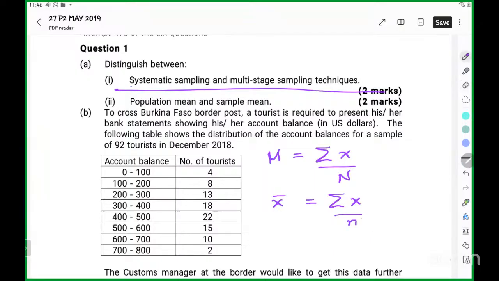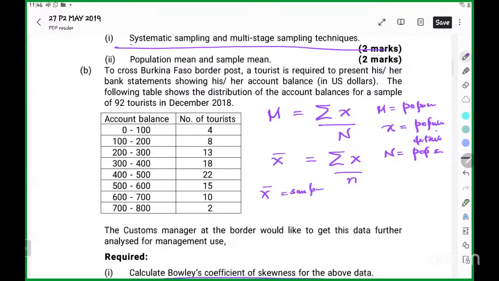When they are defining, he'll tell you where mu is the population mean, where x is the population data or population variable, and N is population size. Then they come to this and they say where x bar is sample mean. This subject allows you to do this. You can define like this, okay? Where x are the sample values and n is the sample size.